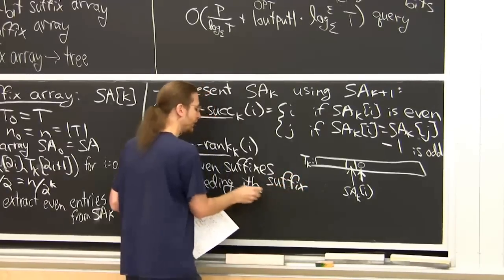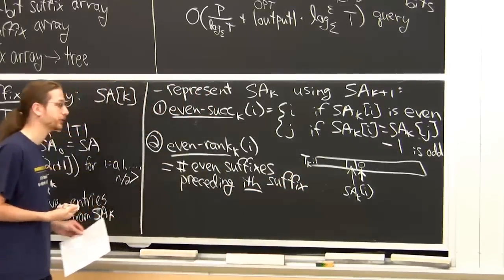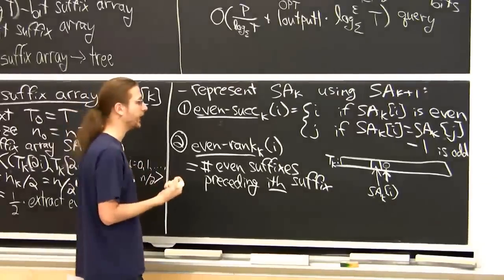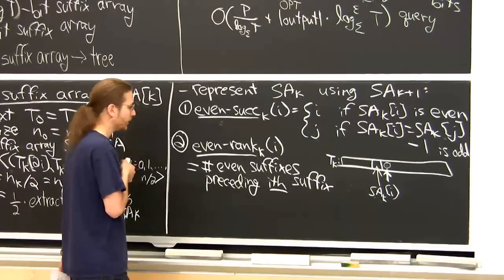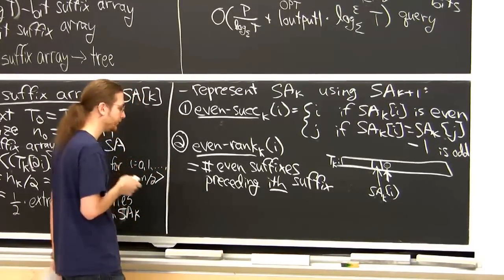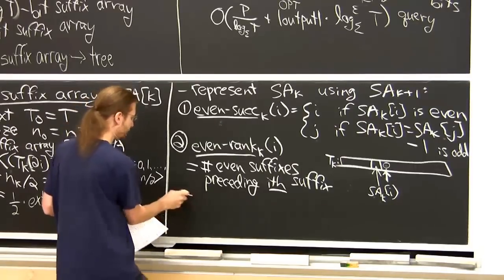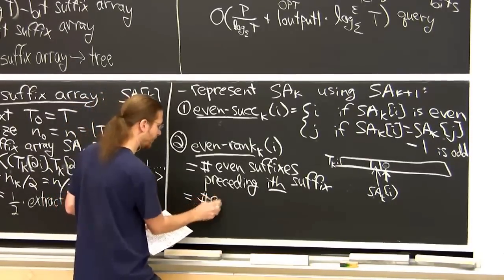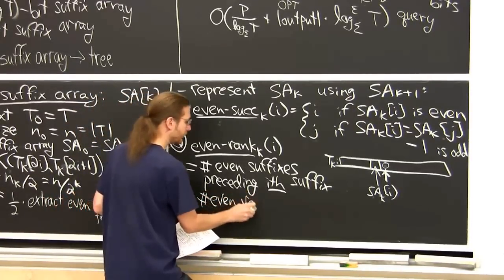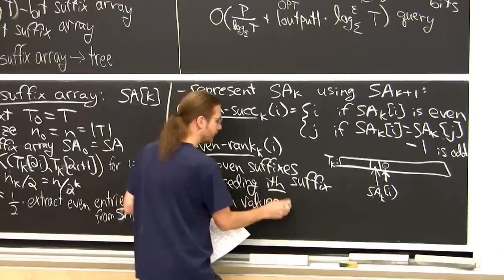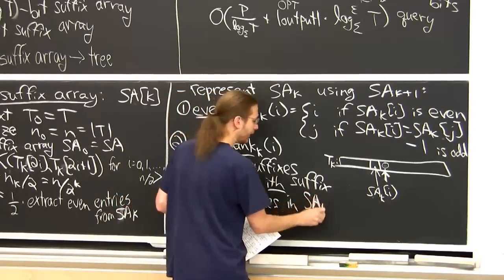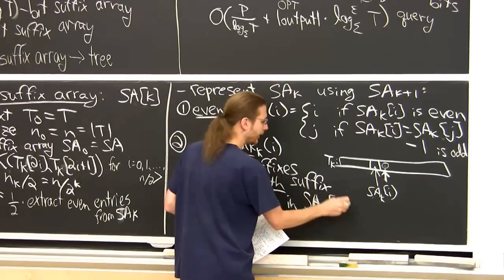The ith suffix meaning the ith one in sorted order, so the suffix SA of i. Let me be more precise. This is the number of even values in SAK up to i.